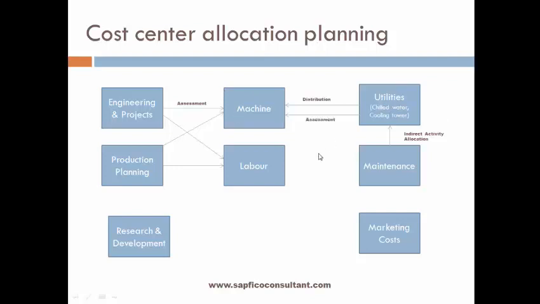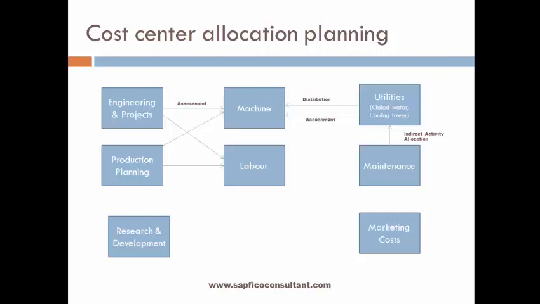We'll run another assessment cycle to allocate costs from utilities again to machine. So this is basically typically the flow of cost center allocation planning, which also forms the basis of activity price calculation and also for finally the product cost planning.